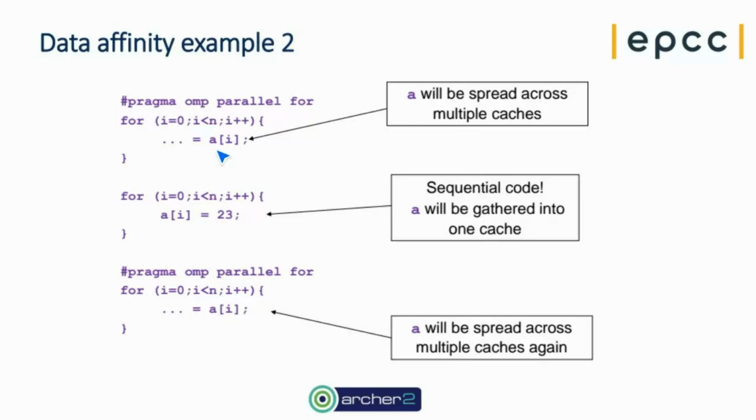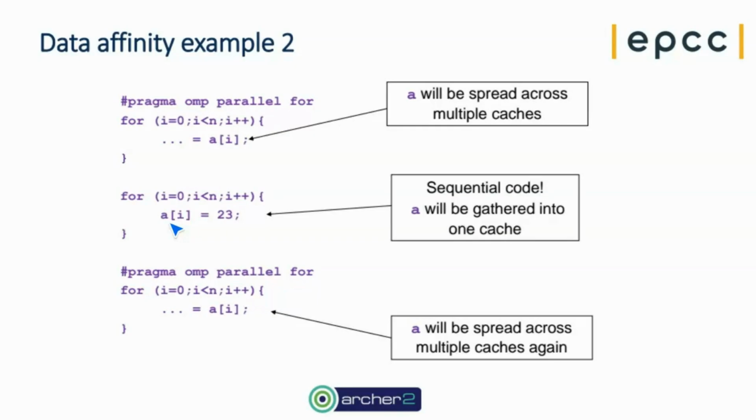When we execute the first loop, we will get copies of different parts of A spread across multiple caches where the multiple threads are executing. When the master thread executes the sequential loop, it will get exclusive copies of all the elements of A. So the valid copies of A all get gathered into one cache, and all the other copies in other caches will be invalidated.